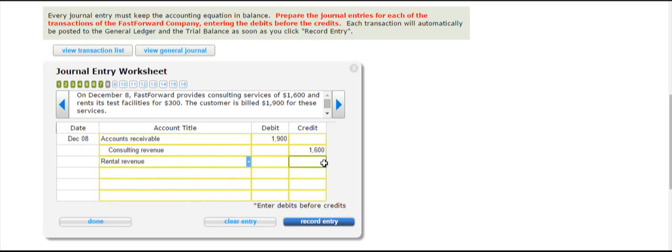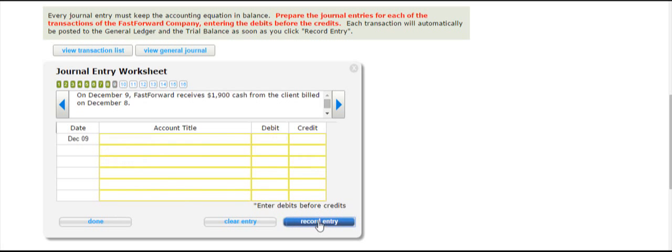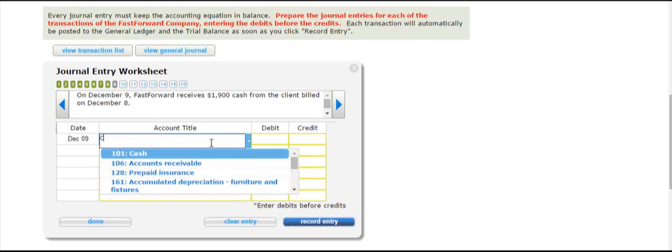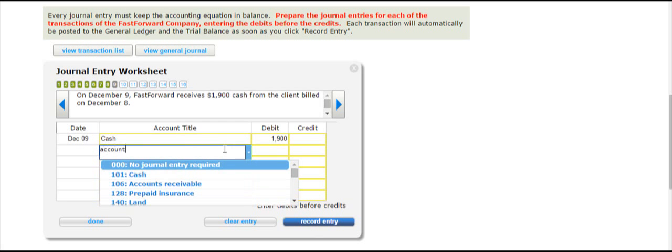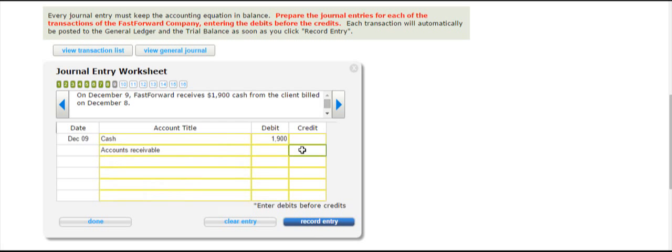Rental revenue, $300. Record it. Receives cash, $1,900. And this will be accounts receivable, $1,900, getting rid of the bill.